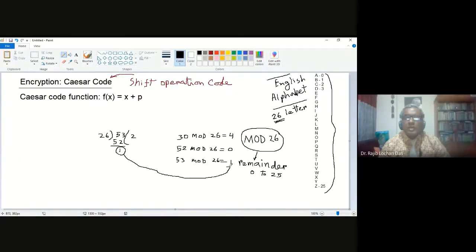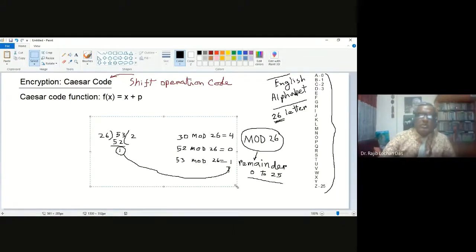Can this remainder be more than 25? No, actually not. It can be 0 to 25. And that is why we have the numbers for letters like that. 0 is the first one, then 1, then 2, then 3, and 4, up to 25, altogether 26 letters, and we will apply the mod 26 operation.